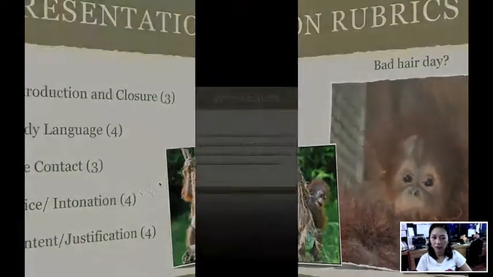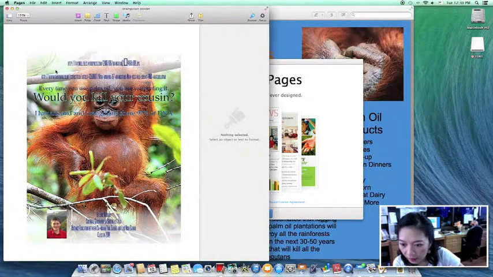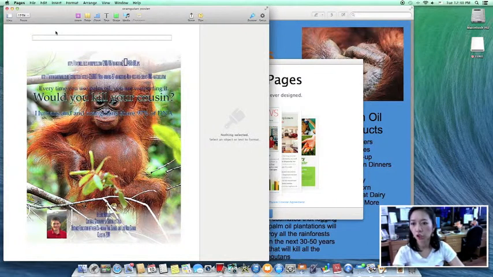Now, that's about it. Okay, now this is an example of a poster from a previous year, right? I'm not sure if you know Eric Rydisell. Yes, this is Eric. So he chose the picture of this orangutan, and he chose to use words like, every time you use palm oil, you are supporting it.